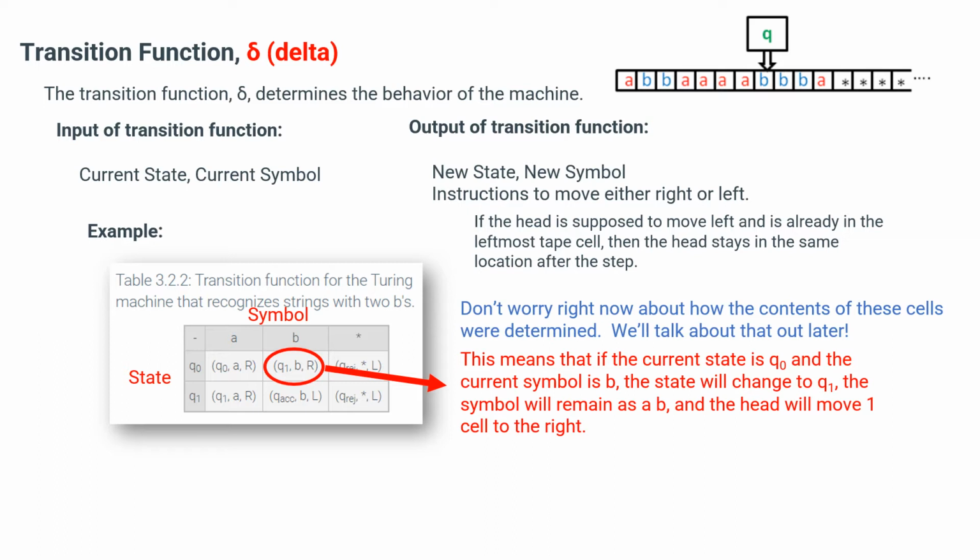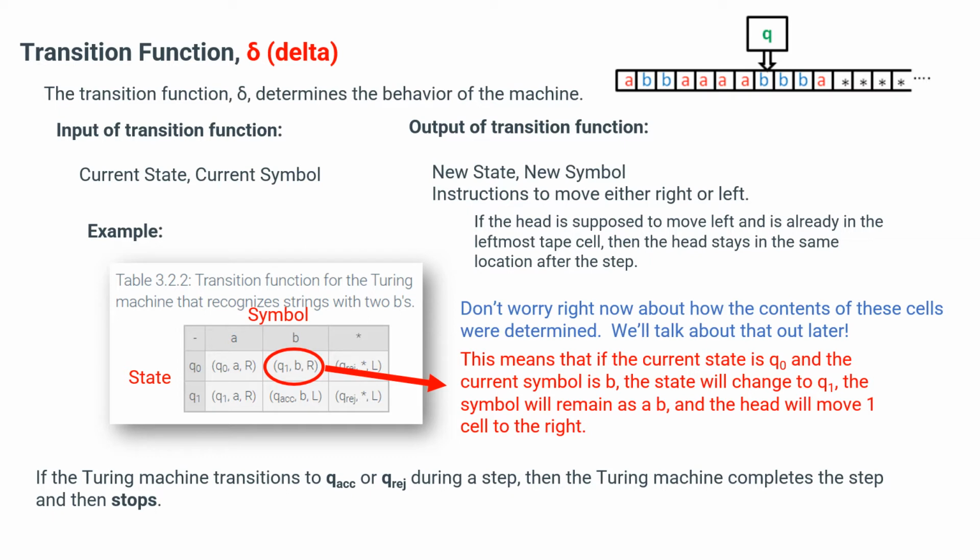That means this is what's coming out of the transition function: the new state is Q1, the new symbol is B, and we should move to the right. So if you see all these things in these cells, that's what those three things mean: the new state, the new symbol, and whether to move right or left.